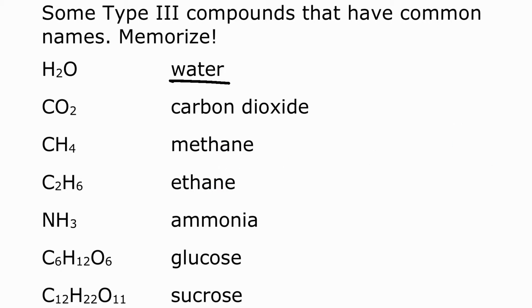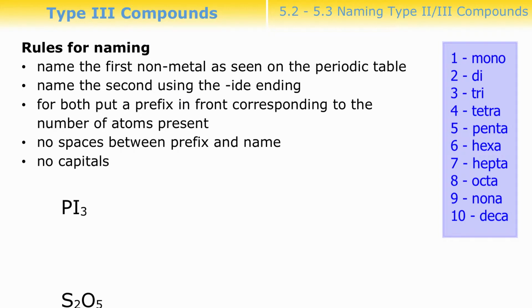Okay, so let's look at the rules. The rules are basically similar to type 1 and type 2, in that you keep the first name the same, and on the second one you throw an "ide" on it. You don't have to worry about charges, but you do have to worry about how many things there are. So you name the first nonmetal, like it might be carbon.